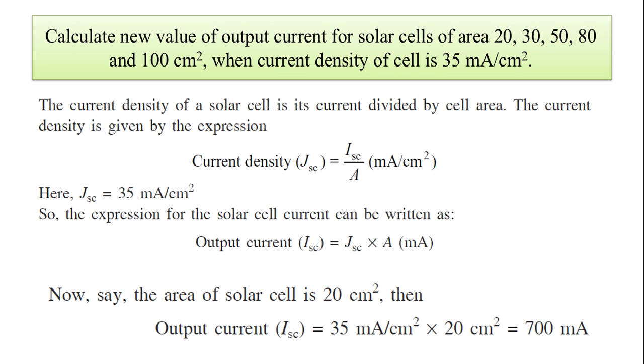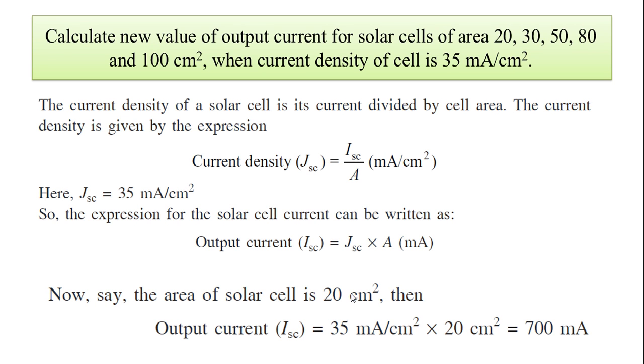As we know, the current density is the ratio of the current upon area. In this case we are considering the short circuit current, and the current density is given to us, and the area is given to us. Suppose let's start with 20. So in that case our area is 20 centimeter square.